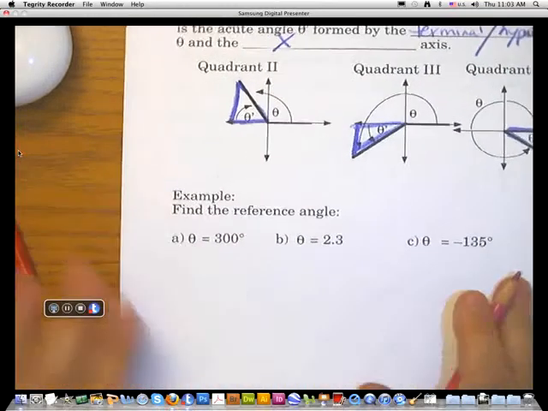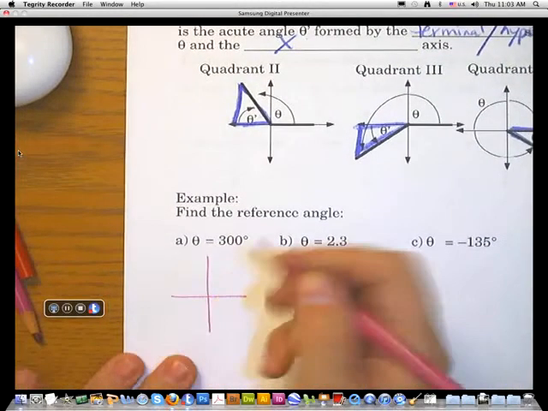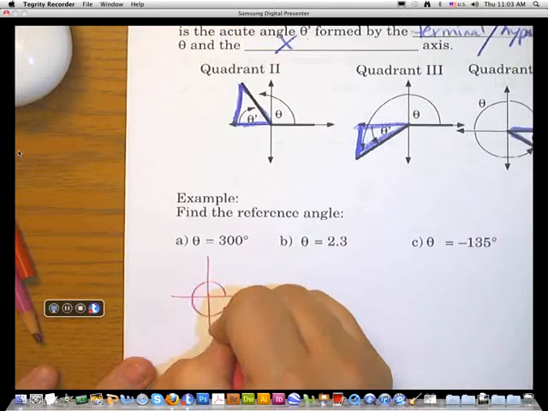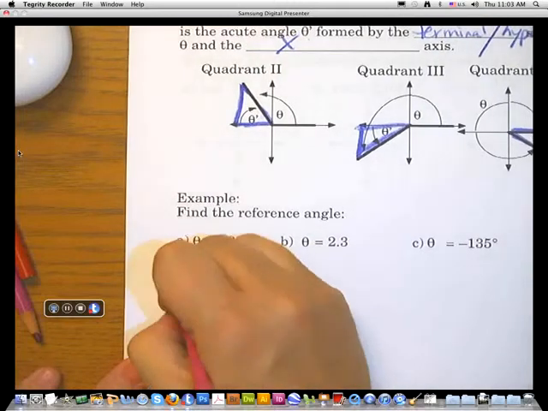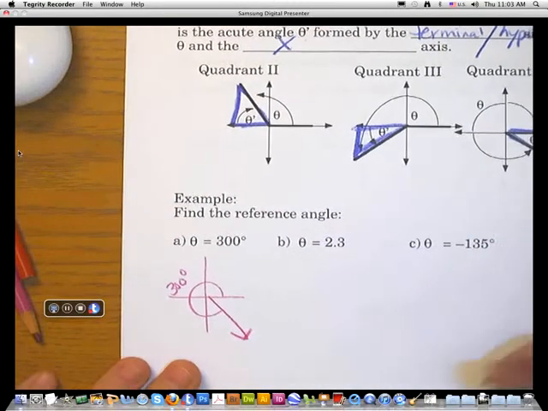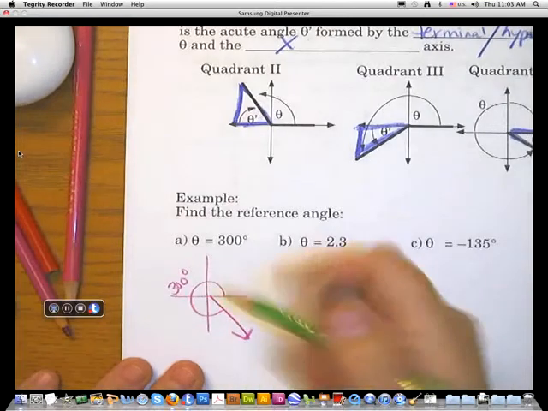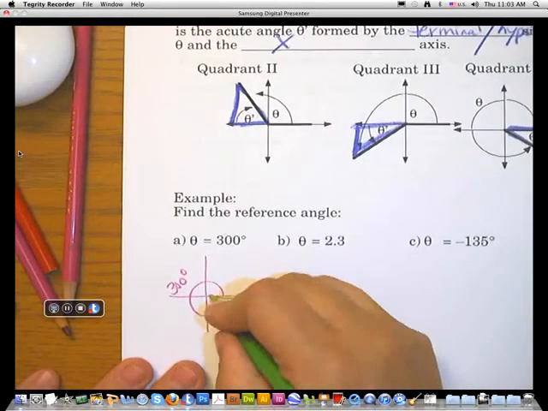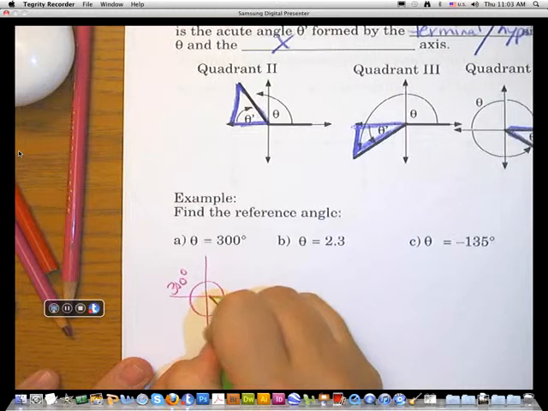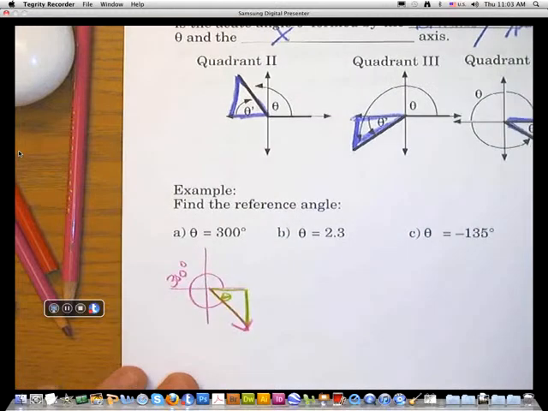If I'm at 300 degrees, first of all, I need to know that 300 degrees is there. That means my reference angle is what's left over.